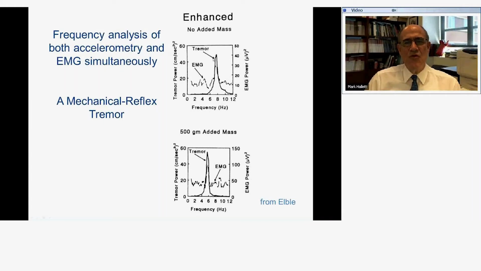And here, when you do the recording without a weight, you have tremor and EMG both at the same frequency of 8 hertz, and then you weight it, and the EMG and the tremor together go from 8 to 6. So these are mutually entrained together, but it's the EMG and the oscillation together behaving as a mechanical system, even though the reflex is involved as well as the mechanical.